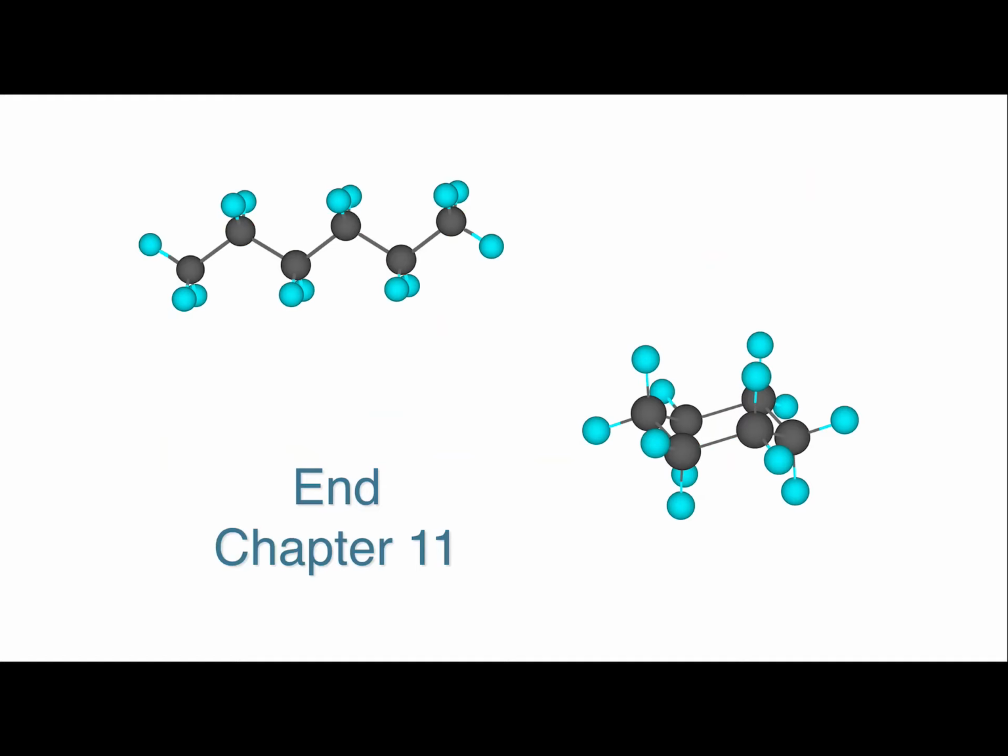We looked at constitutional isomers a little bit. We looked at conformations of alkanes and ring structures, and we looked at where alkanes come from. I think that was about it.